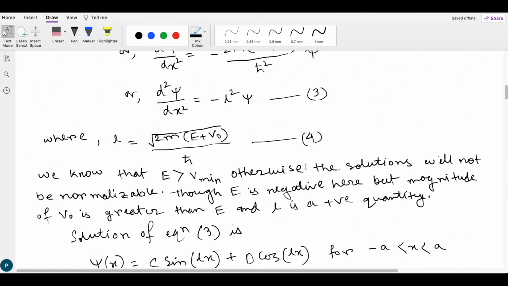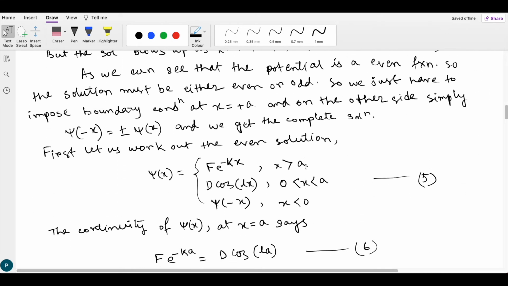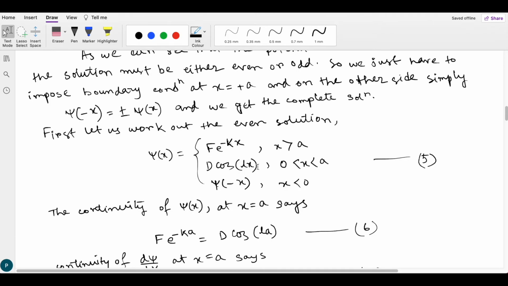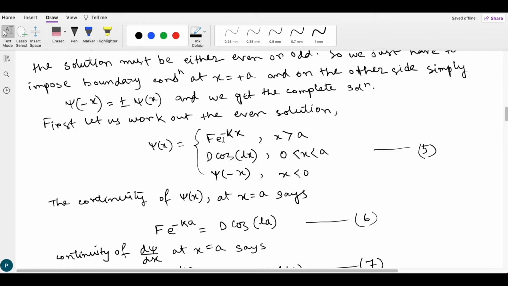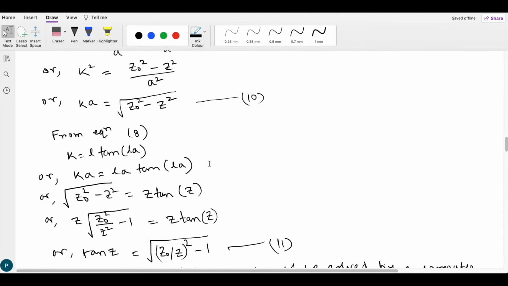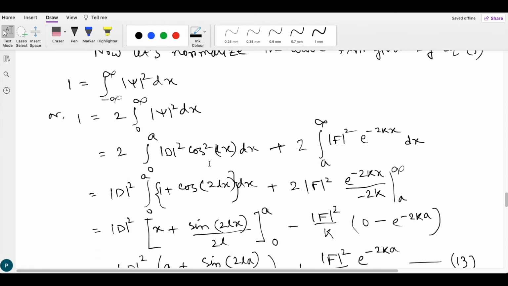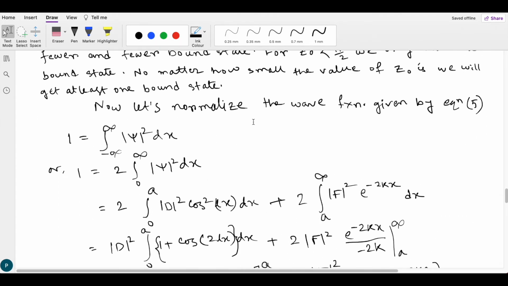We have the wave function, equation 5, psi of x, and here we can see some constants f and d. Let's determine the values of these constants. We know normalization is very easy.